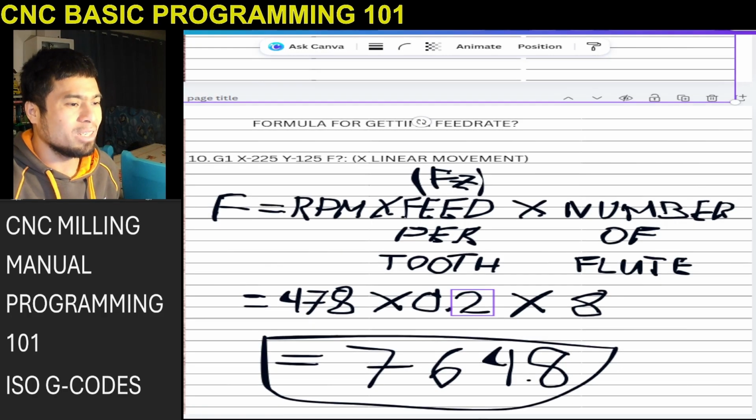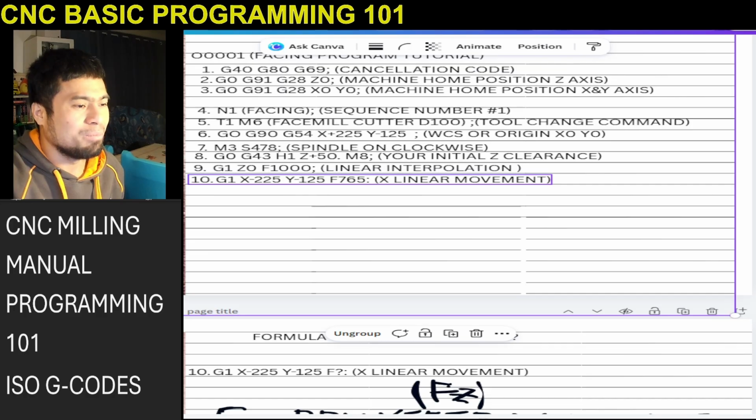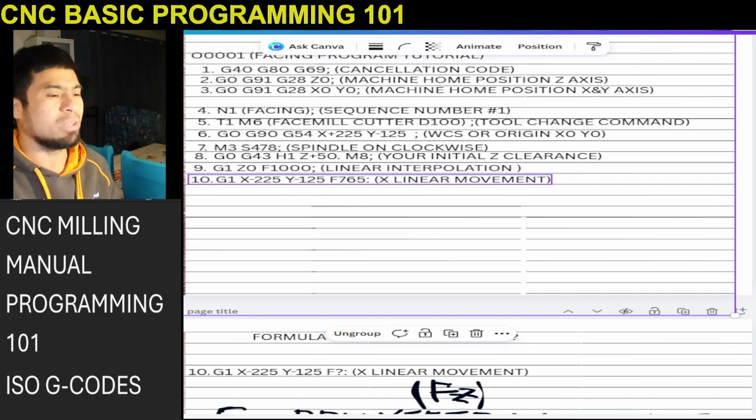So to answer the question, what is really the feed? Feed 765, we just round it off.